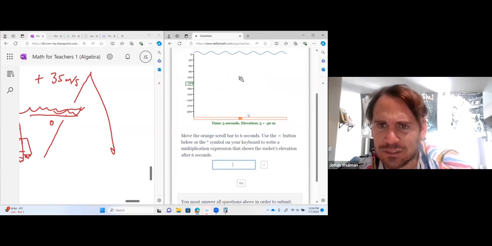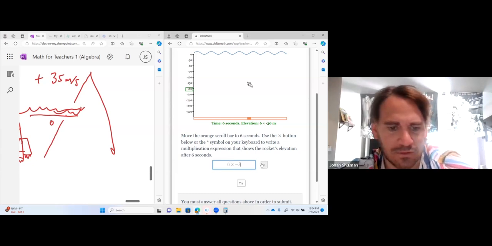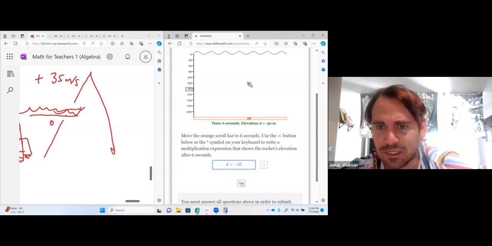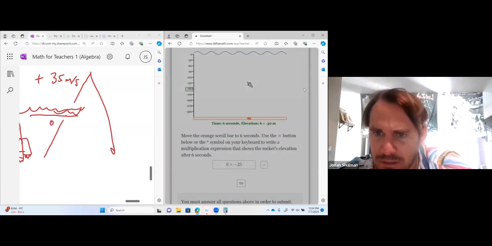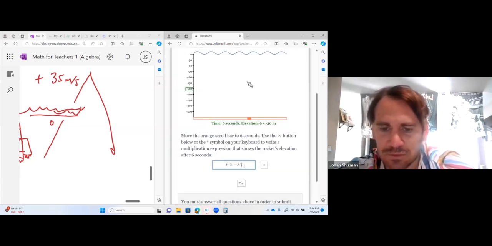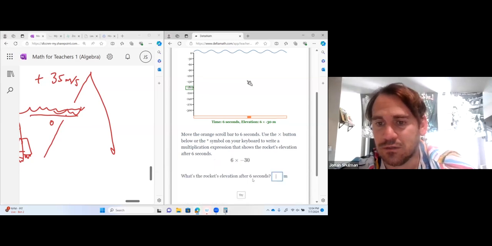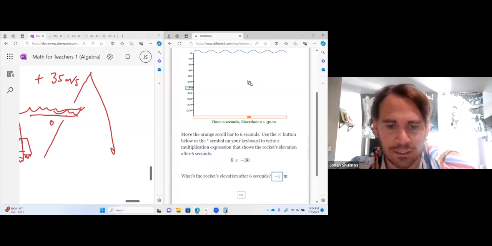So if we want to go 6 seconds, I was close to what they were going to ask us to do. So it's 6 times -30, which is -180. It's going slower as it's descending, which is fine. So that's -180.